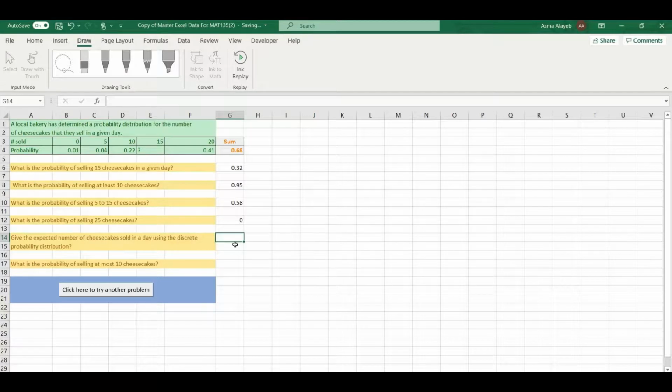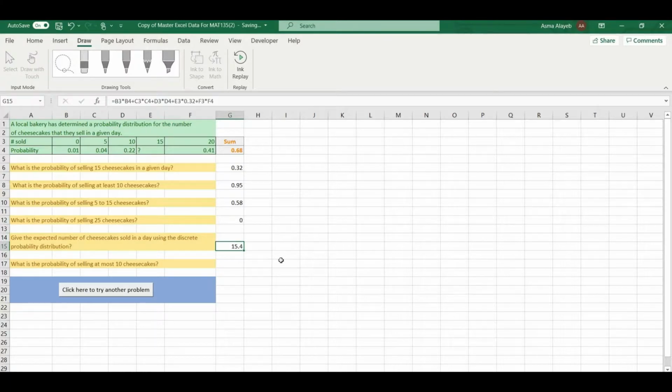So the average is equal to the first number times the probability of the first number, plus the second number times the probability of the second number, plus the third number times the probability of the third number, plus the fourth number times the probability of the fourth number, which is 0.32, plus the last number times the probability of the last number, and the average here is going to be 15.4.